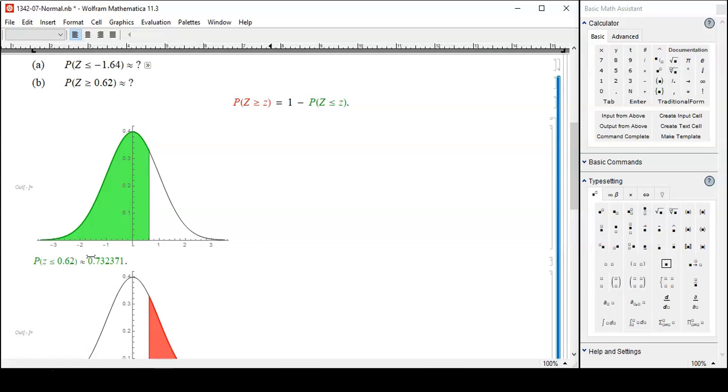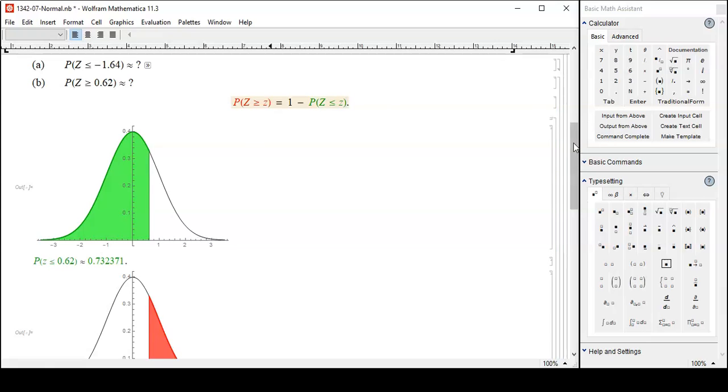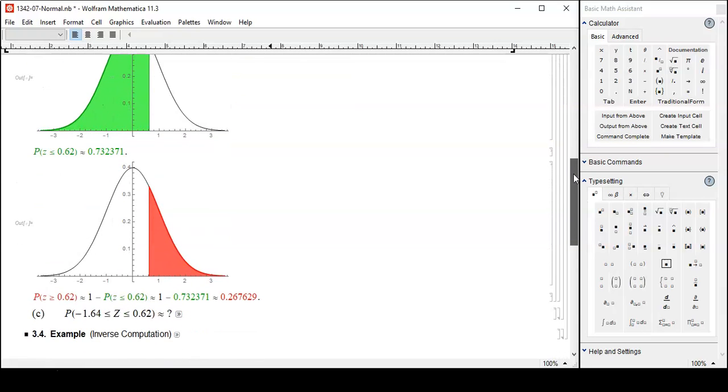The total area is 1 because that's the total probability of 100%. So we are doing 1 minus the left-hand side. We have to do this computation. So 1 minus 0.7324, here's the answer. A little bit more accurate than what you have got with 4 decimal digits only, because Mathematica has more decimal digits. But if you use 4 decimal digits, you're going to get a perfect answer by itself.